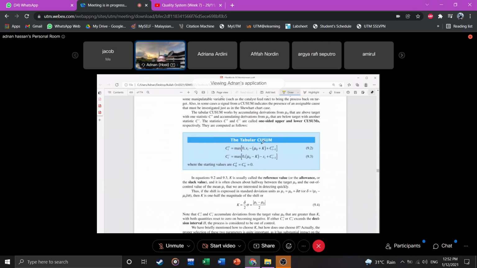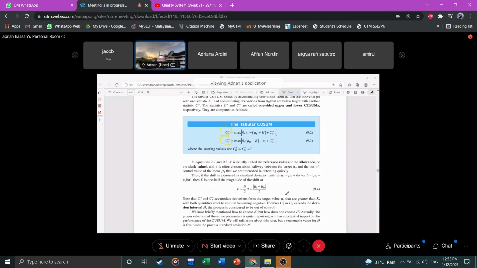So this is where we get the tabular Q-sum values, which are C plus and C minus. We need to use this when we use tabular Q-sum. The advantage of tabular Q-sum is that we can have different K values. The K value is called the reference value or allowance or slack value.